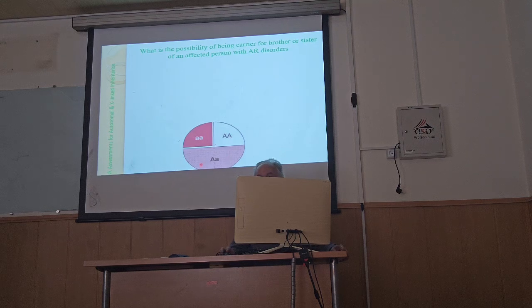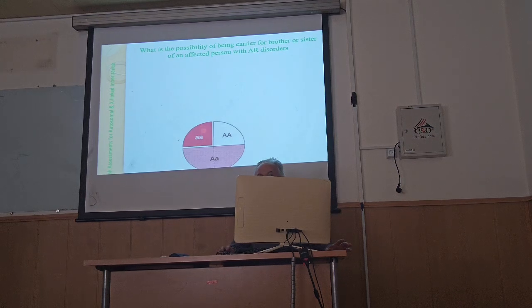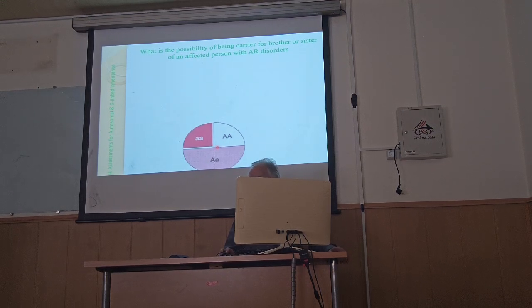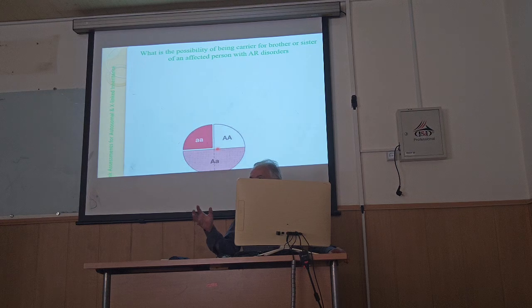But this individual is healthy, so this 25% is omitted. There is a chance of 2 out of 3 to be a carrier, because he or she is healthy. So we ignore the 25% of being affected.